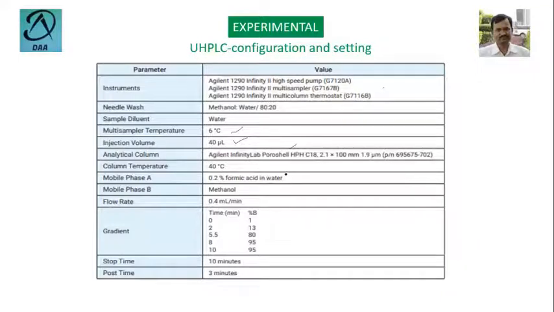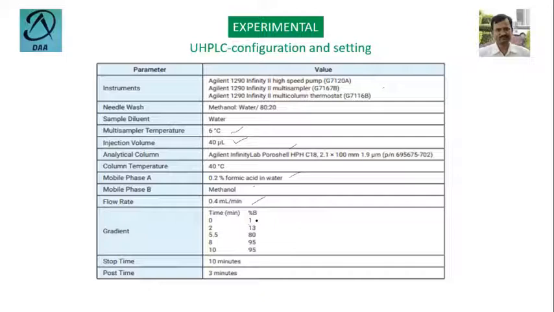The mobile phase A contains 0.2% formic acid in water. That means the mobile phase should be acidic in character to ionize the analyte. Mobile phase B is methanol, and the flow rate in this case is 0.4 ml per minute.